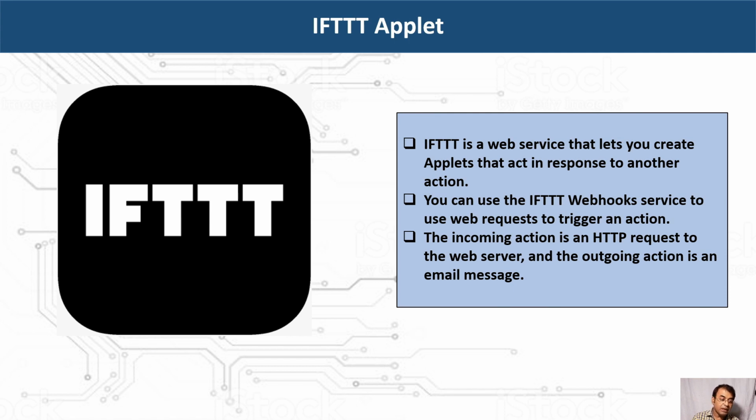The incoming action is an HTTP request to the web server, and the outgoing action is an email message. That means if you want to get an SMS alert for a particular action like temperature rise or humidity rise, whatever be the case, you have to use IFTTT with ThingSpeak.